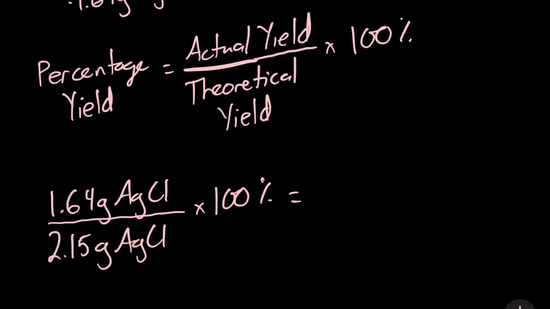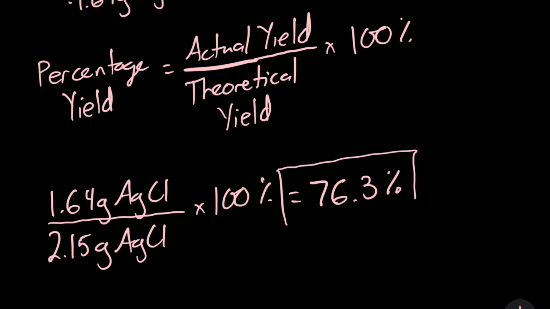And if you type that into your calculator while taking sig figs into account, you should get a percentage yield of 76.3%.